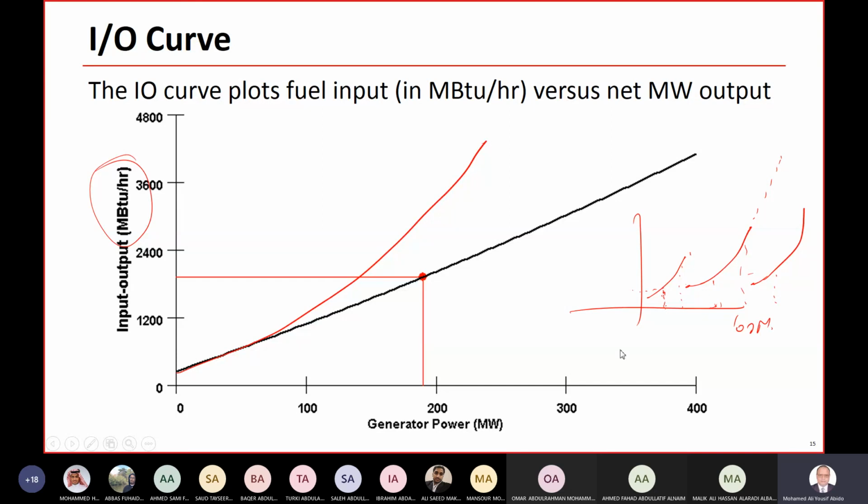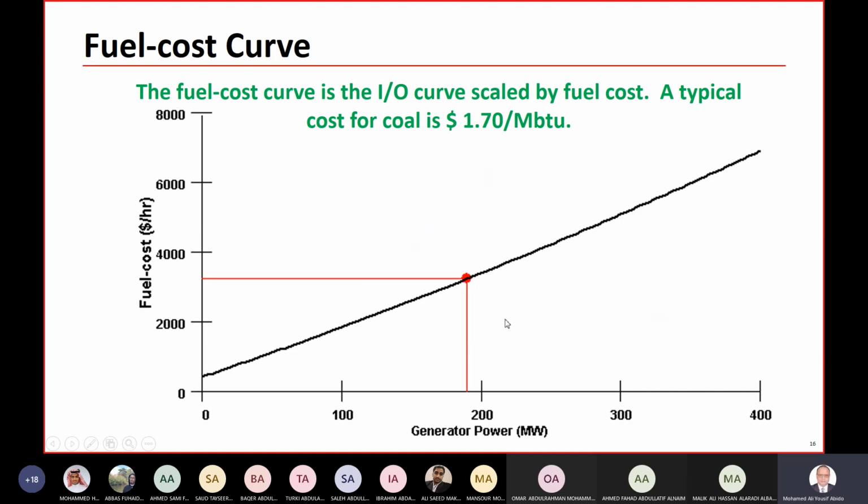So you have some kind of non-smooth or discontinuous cost function.